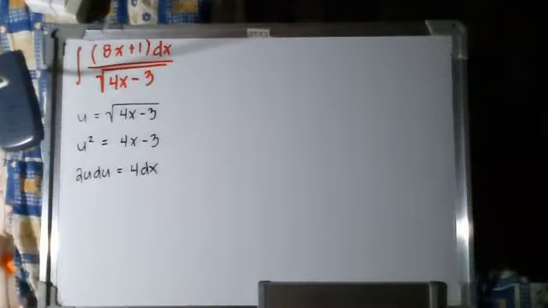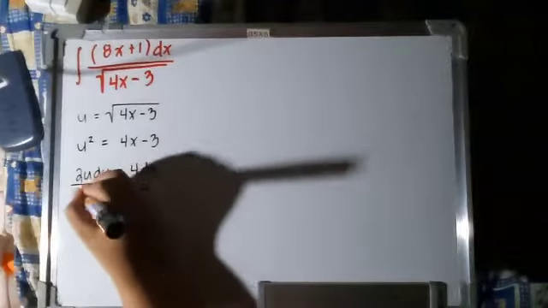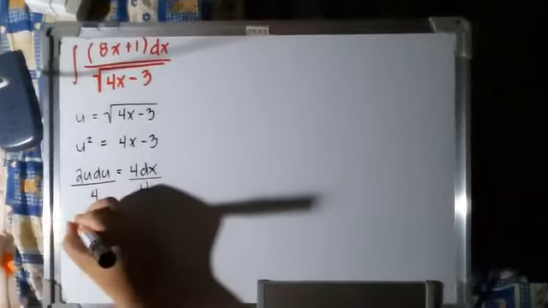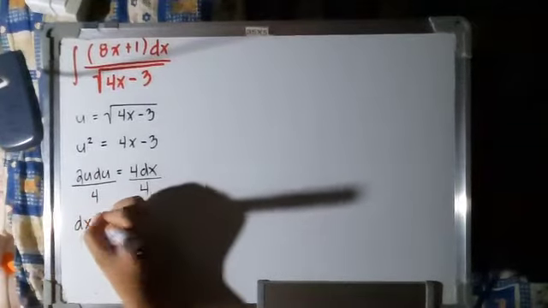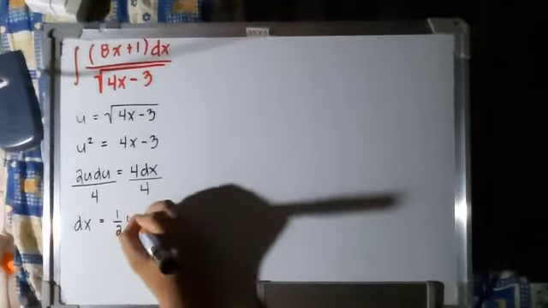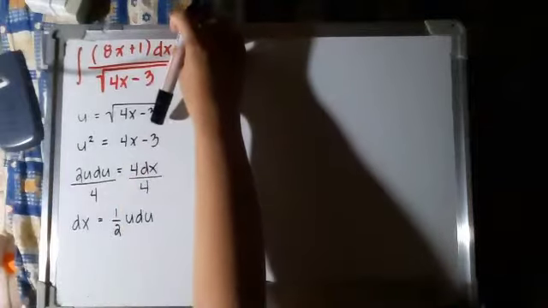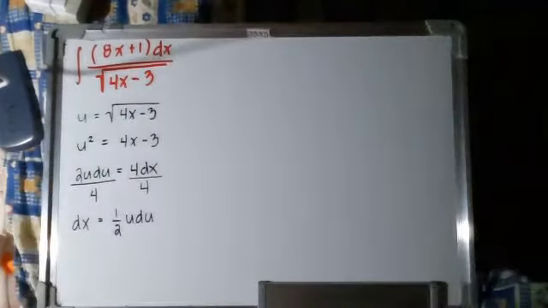Then, let's get the value of dx in terms of u. Divide both sides by 4. So, in here, dx is equal to 1/2 u du. Ito yung ipangpapalit natin dito. Next, kailangan makuha natin yung value ng x.